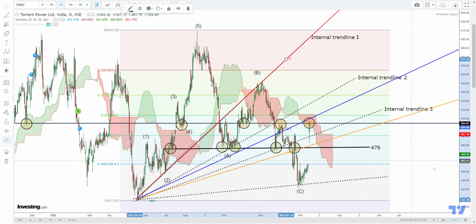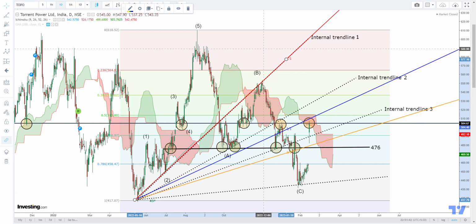So if it crosses the cloud, closes above the cloud and settles above the internal trend line, then it can move like this. Correct. So you will have a channel, and if it breaks the channel, that will be confirmation for another aggressive breakout and momentum.